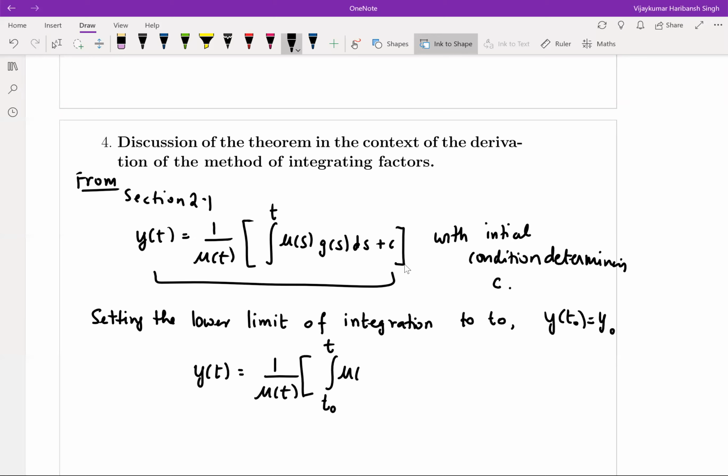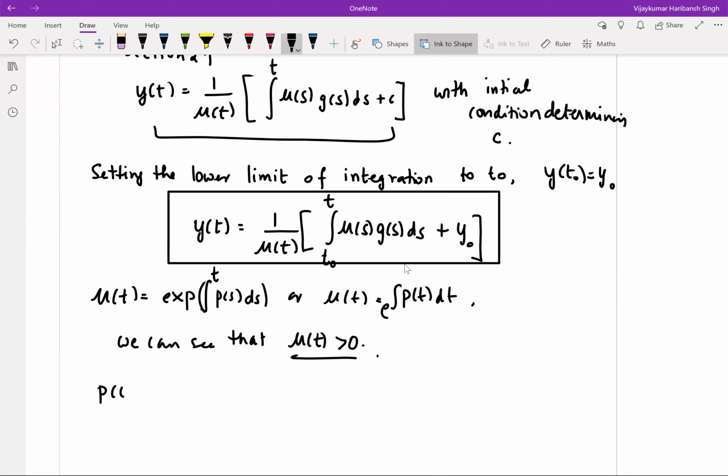So note that since p of t is continuous, this integral is well defined, right? For a continuous function, the integral exists. And not only is the antiderivative defined, it's also continuous and differentiable.